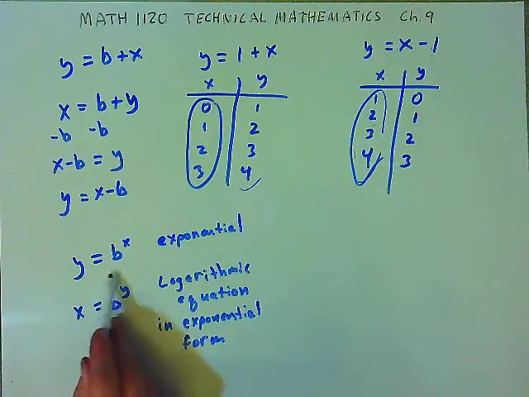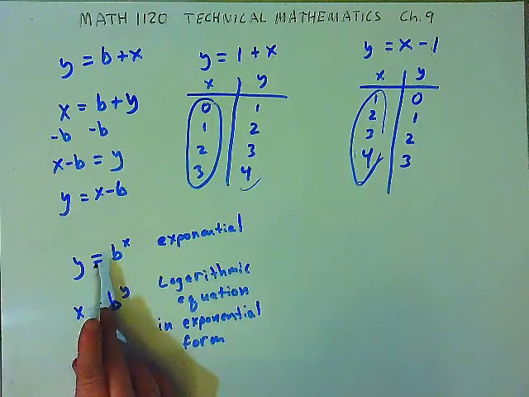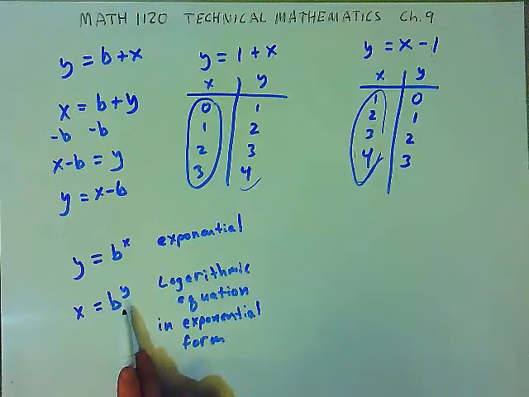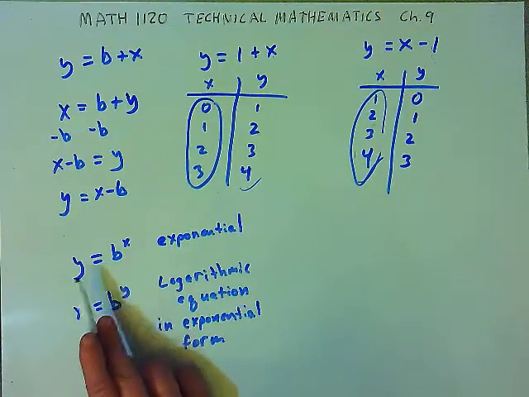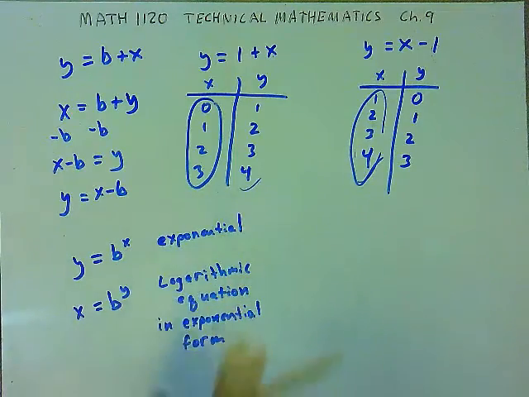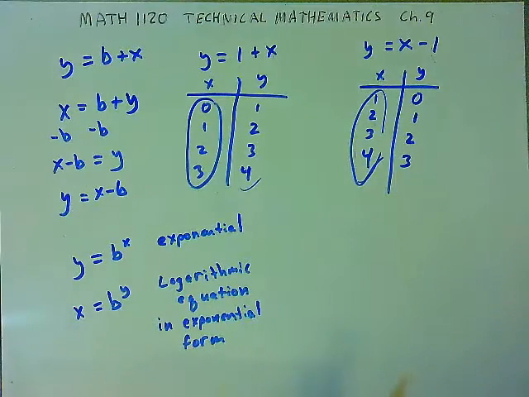Okay, so we had our original exponential function, and this is the logarithmic equation, but it's also an exponential form. This logarithmic equation is the inverse of this one. Whatever values we plug in for x, we should be able to find y. Just like when we plugged in x here, we were able to find y. This function is supposed to undo this one. They're supposed to be opposite functions, just like addition and subtraction are opposites, right? They're inverse of one another.